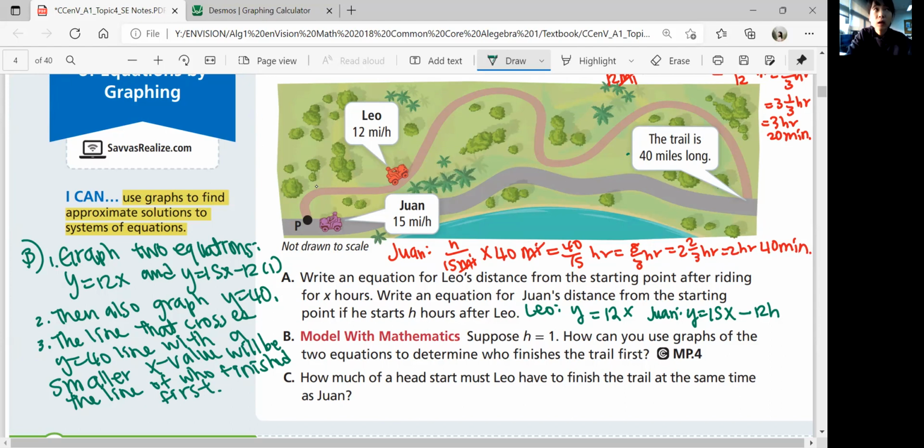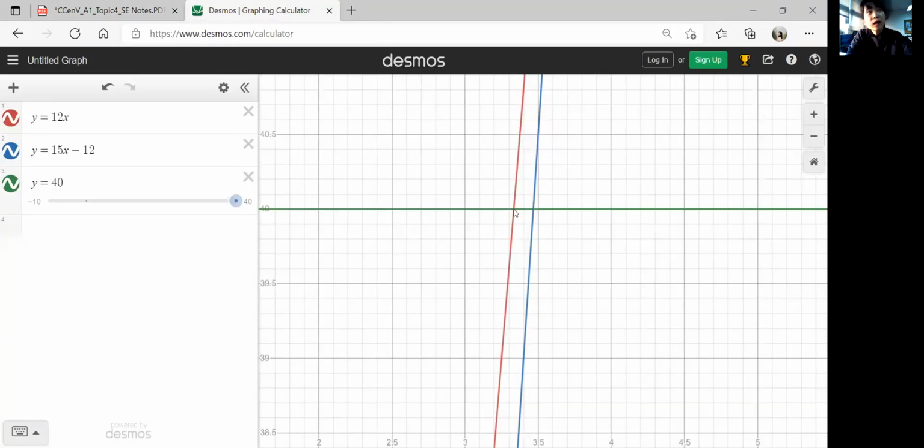time as Juan? So he wants to know how long he wants to wait before Juan comes, so that they meet at the end point. They want to have the exact same intersecting point here, right?